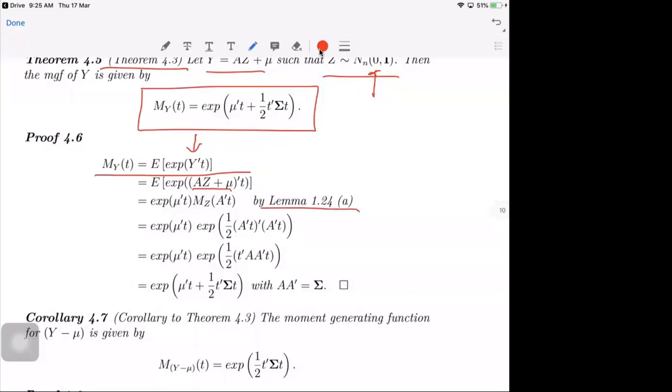And then by lemma 2.1.24a, previously, if you have this transformation, you can write the form as the exponential of mu prime t times the moment generating function of Z. This is by lemma 2.1.24a. You can check.